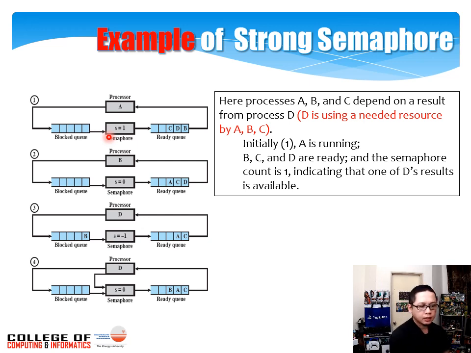So first, A is running. During the first row here, the S value is 1, and A is executing.